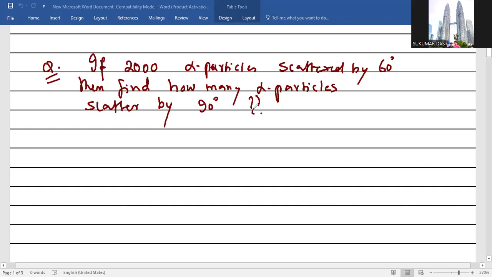This is just one example of how to use that formula. So N at 60 degree is equal to 2000. What will be N at 90 degree?